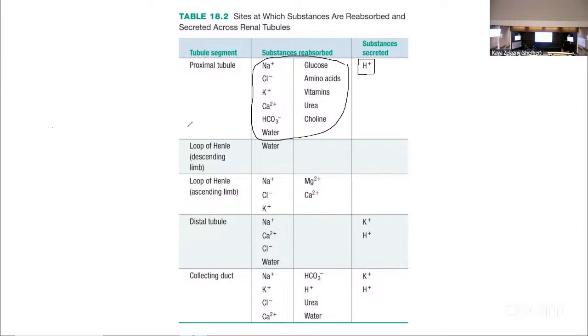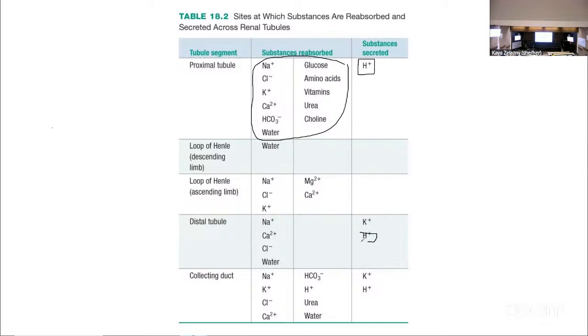So as we move into the loop of Henle, we're going to see in the first part, in the descending limb, we're going to reabsorb water. In the ascending limb, we're going to reabsorb a bunch of ions. No secretion happening here. When we get to the distal tubule, we're going to keep reabsorbing. We'll do a little bit of secretion in both the distal tubule and the collecting duct.